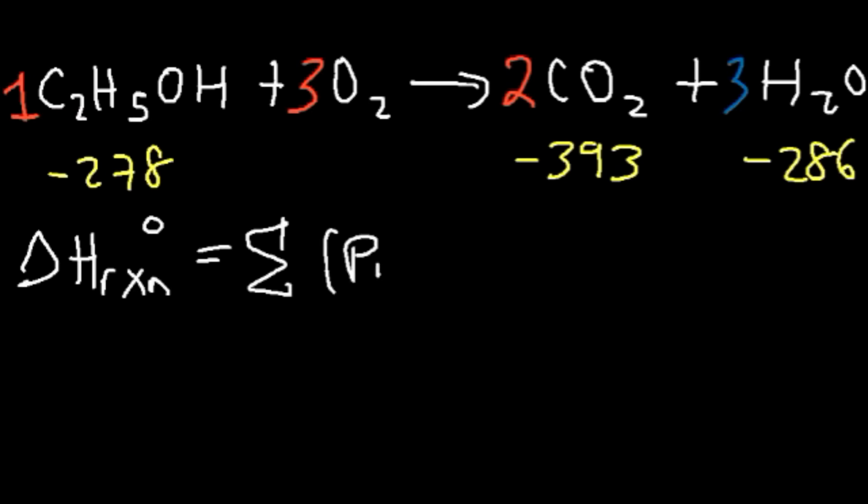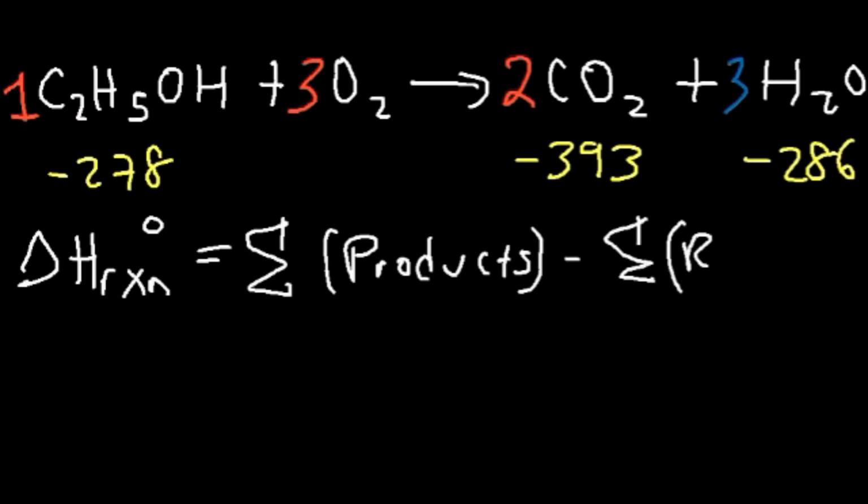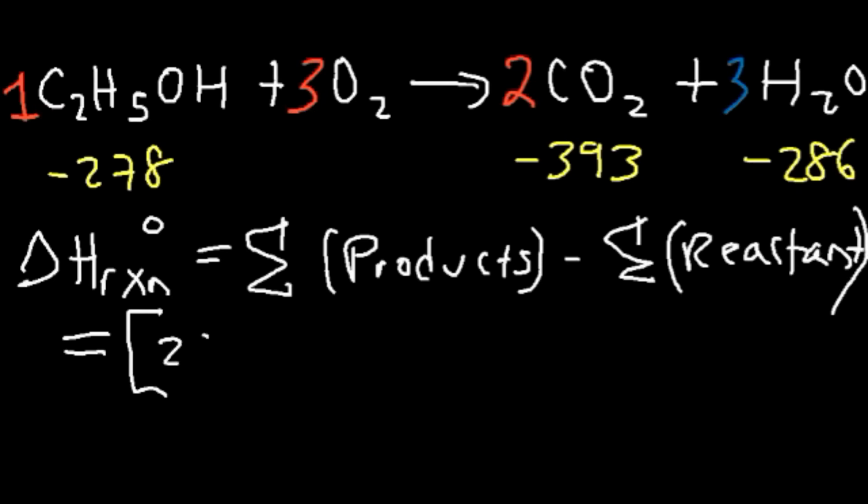So it is the sum of the enthalpy change of formation for the products minus the sum of the enthalpy change of formation for the reactants. The products are everything on the right side.